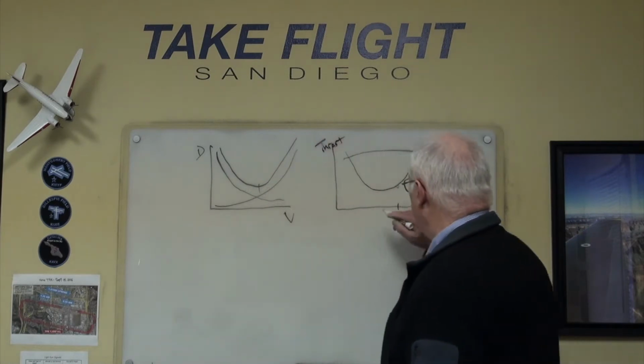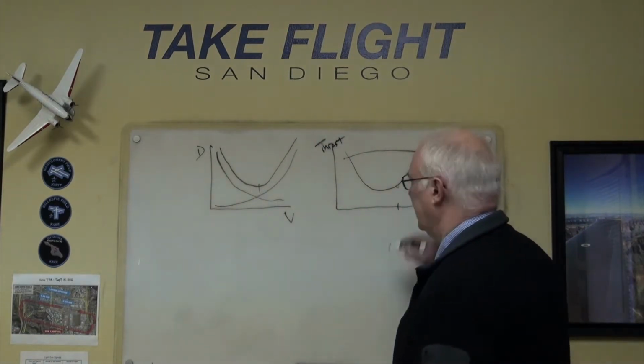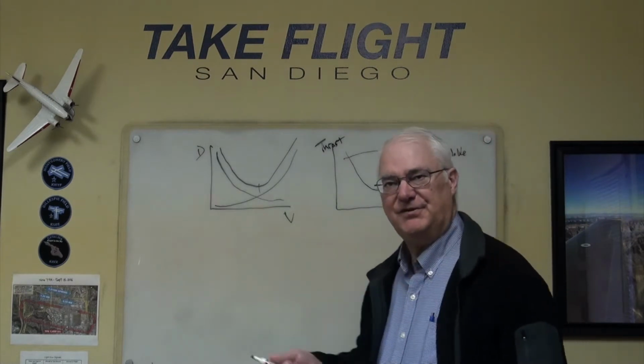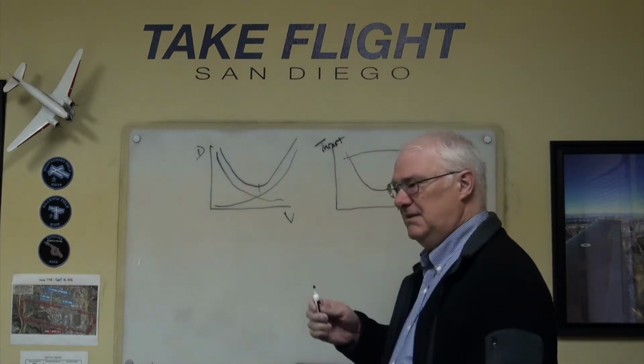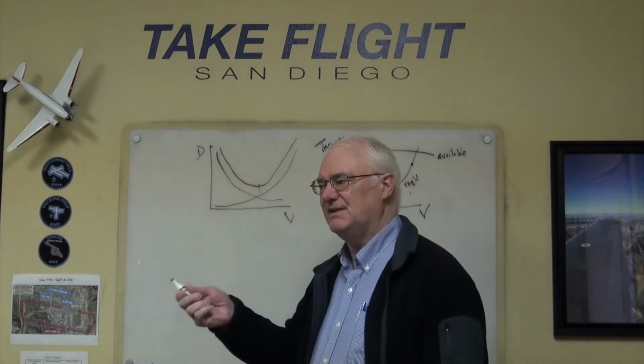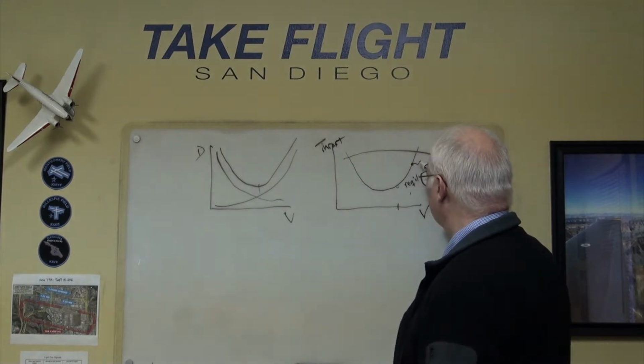So pick a spot here and imagine what happens. We're flying along in cruise flight, not at full throttle, and maybe a little gust of wind bumps us to a slightly higher speed. So we bounce up here just a little ways.